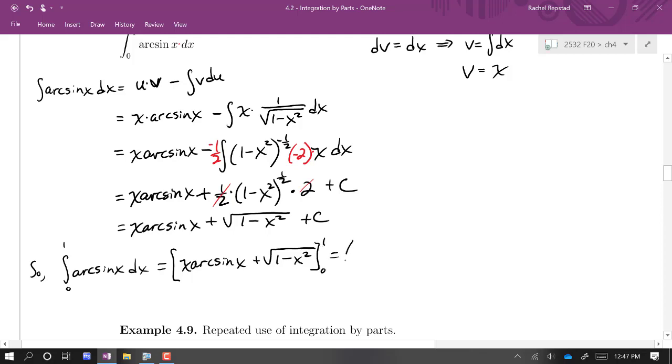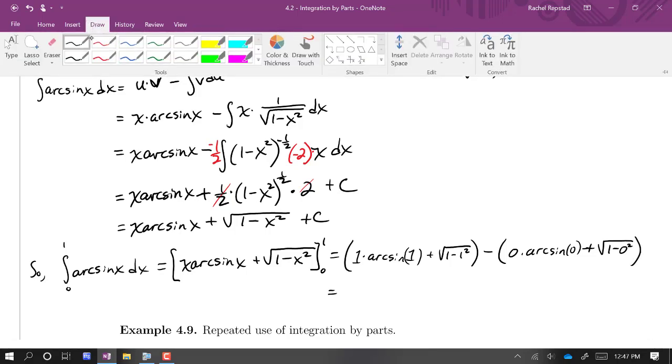Plugging in the upper limit, and then the lower limit, so let's see what we got here.